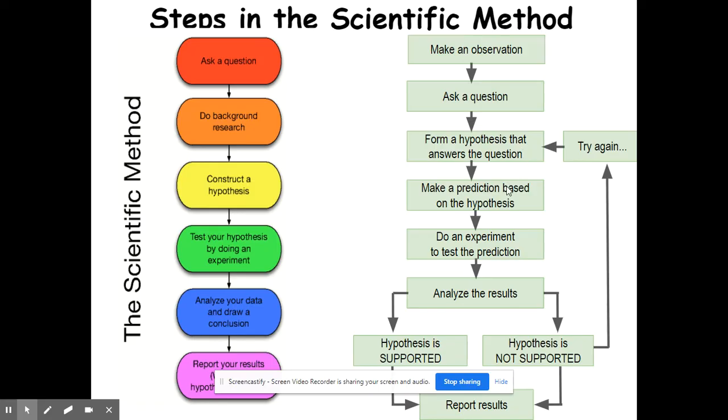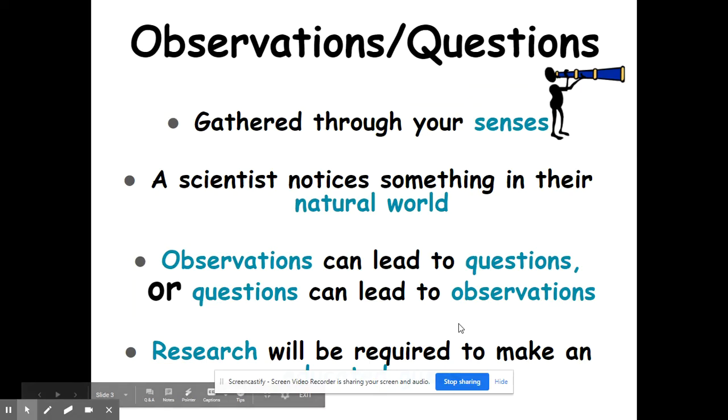We're then testing our hypothesis and then finally collecting data and reporting those results unless we need to redo the experiment. So notice there's sometimes a slight change, but that depends on the specifics of the experiment. So we start with the observations that we gather using our senses, and we look at research to help us form our question.